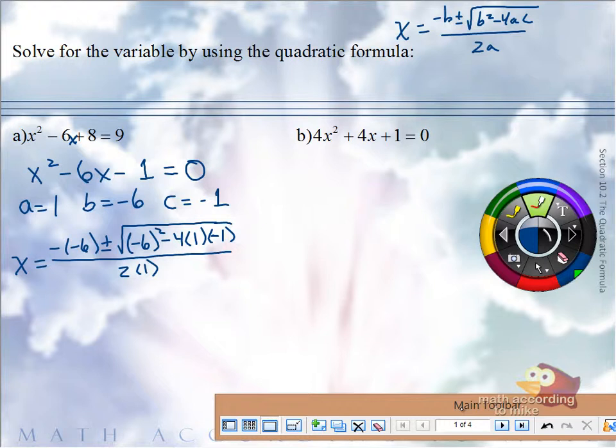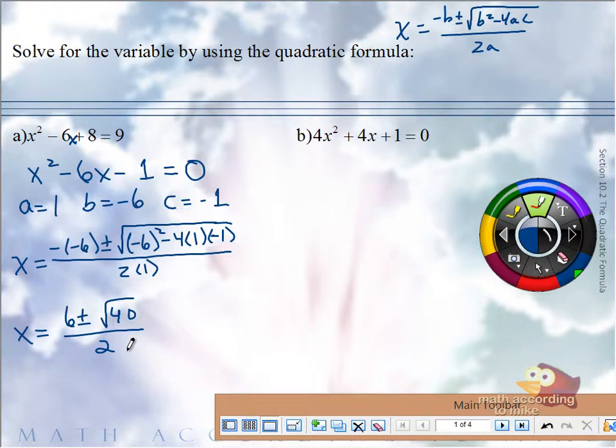What is negative 6? Plus or minus, what is negative 6 quantity squared? Minus 4 times 1 times negative 1? 40. All over 2.